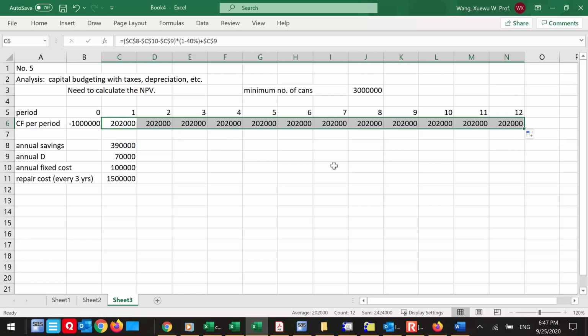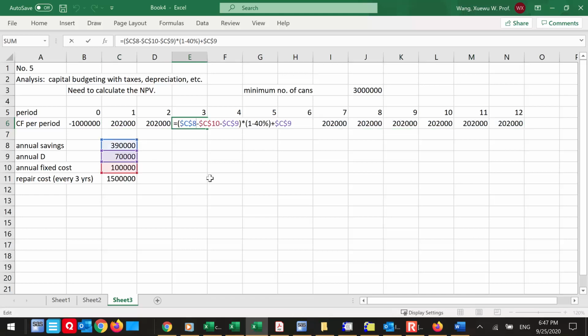But now I have to think about what's the difference caused by the repair cost. So this is year 3. All right, so now I have to think about, well, every 3 years, I need to repair the machine. So that is going to be 150,000. I think I made a mistake here. So let me just get back this number here. This is actually 150,000.